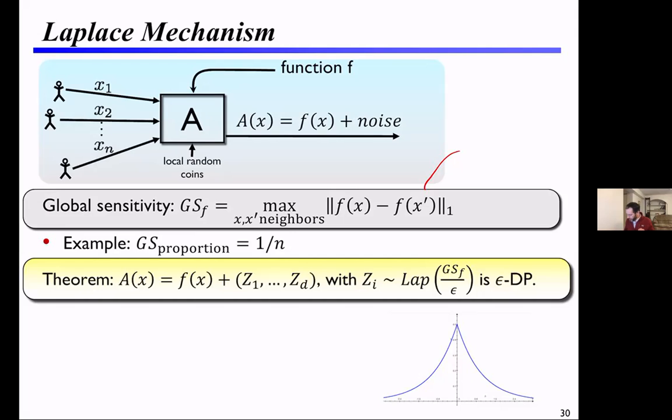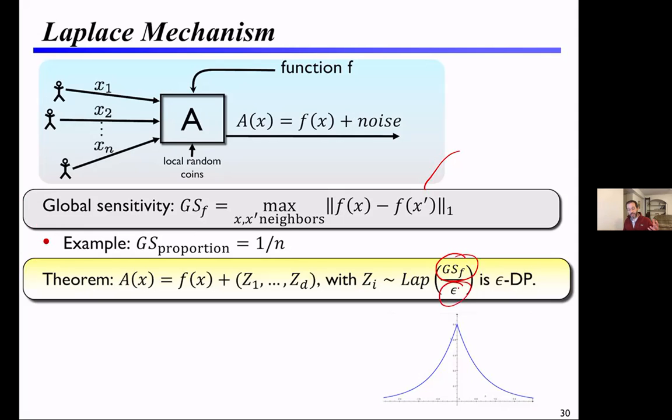We take our function value, which is a vector, and add independent noise to each entry of this vector according to what's called the Laplace distribution. The amount of noise we have to add is proportional to the global sensitivity of the function, the measure of how much it varies when we change one entry, divided by epsilon, the privacy parameter.